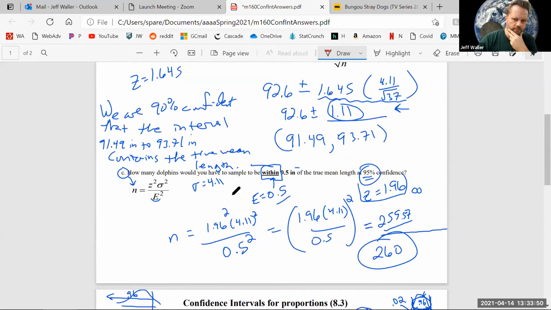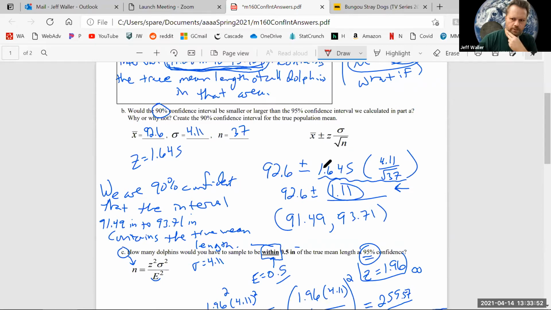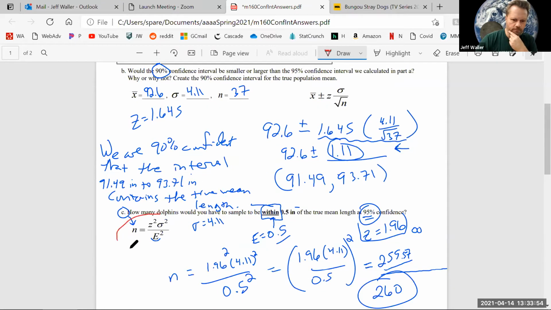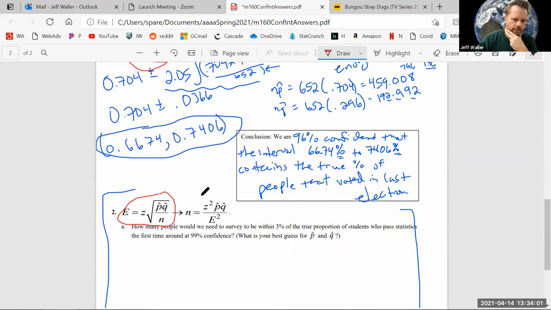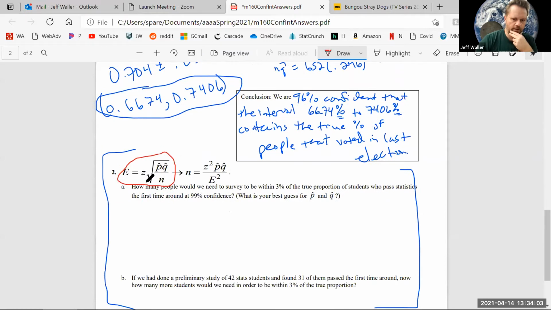But we proved this equation. This one. We proved that one together. I have no idea if you guys remember. We had to solve for n. Can you imagine if I wanted to solve for n, wouldn't I have to square? See the squares? Wouldn't I have to multiply the n up and divide the e down? I'm not going to do it. So there it is.